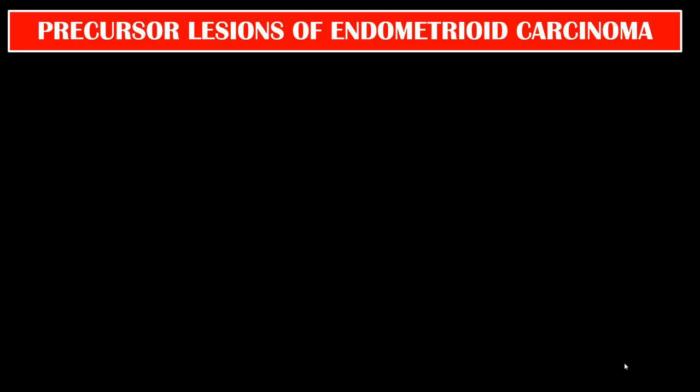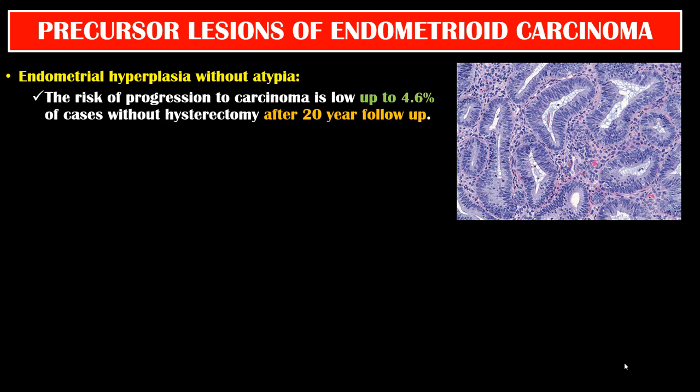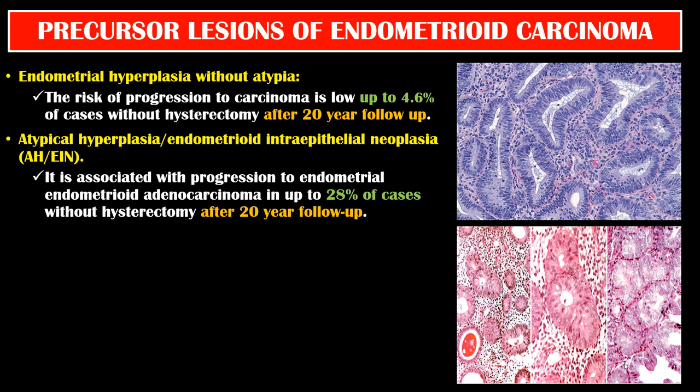Precursor lesions of endometrioid carcinoma. Endometrial hyperplasia without atypia. The risk of progression to carcinoma is low, up to 4.6% of cases without hysterectomy after 20-year follow-up. Atypical hyperplasia, endometrioid intraepithelial neoplasia.